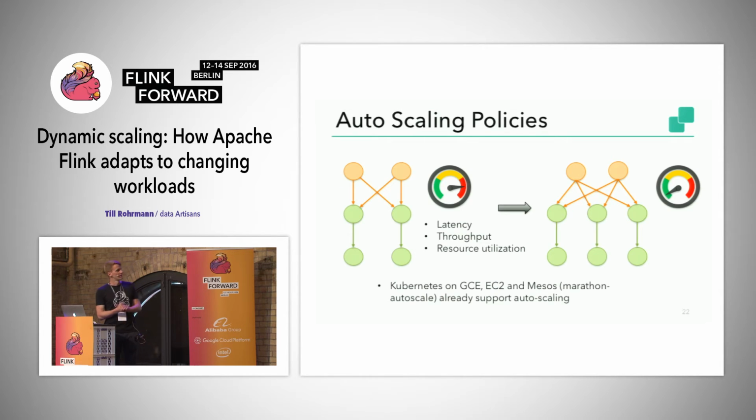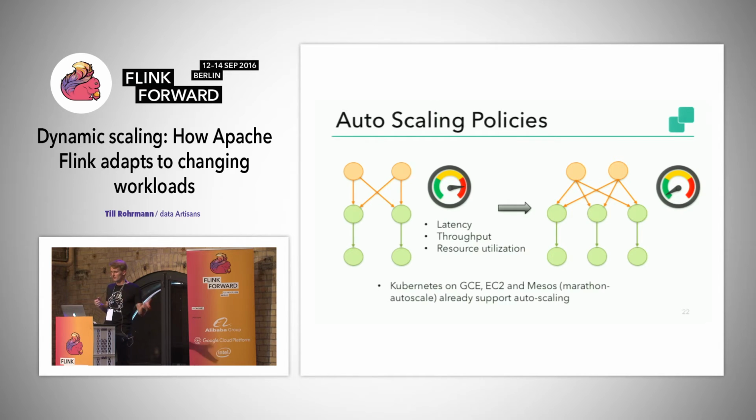And last but not least, I think that auto-scaling policies to automate the scaling process would also be quite nice, so that you are able to define some metrics and thresholds for these metrics when the system should scale up, like, for example, latency, throughput, CPU utilization, or any other metric you can think of.